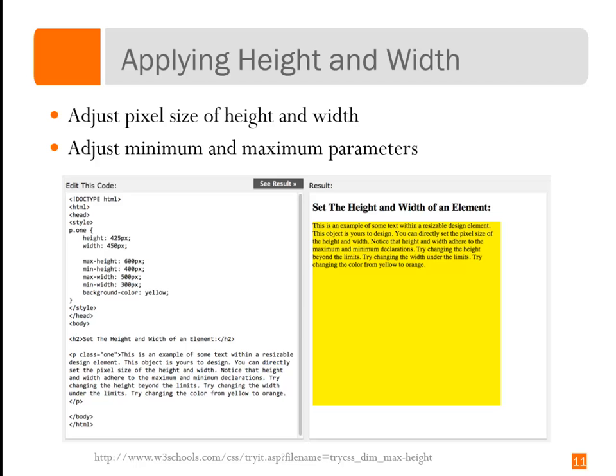And then we've also got some parameters that we can apply that are maximum height and minimum height, maximum width, and minimum width. And then the background color of yellow. So what this allows us to do, particularly the max height and min height, is basically set constraints on what we're viewing here.